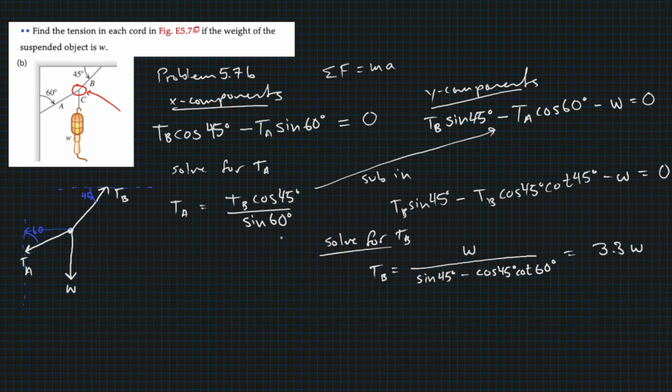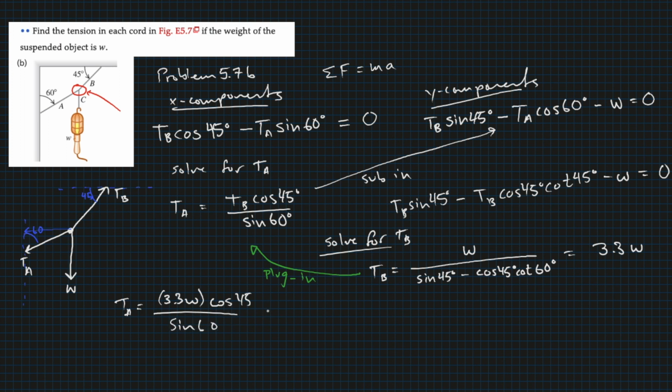Okay, so then to solve for tension A, it's a real quick step from there. We're just going to plug in tension B back into our equation for TA. So tension A is equal to the value of tension B, 3.3 W, times cosine 45 divided by sine 60.